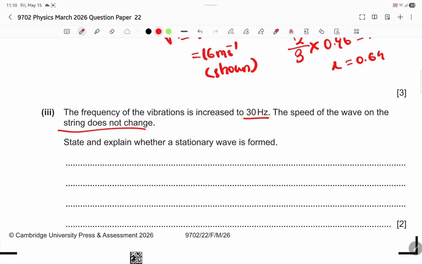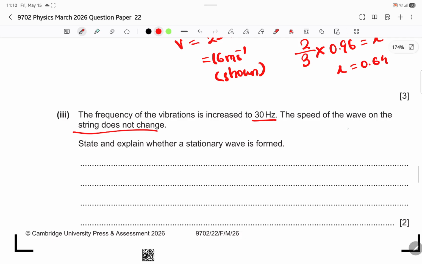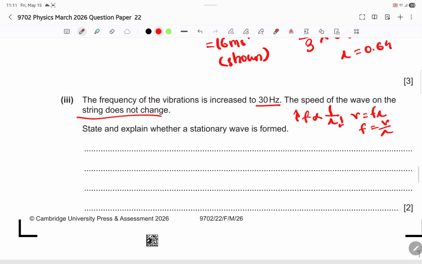The frequency is increased. So v equals f lambda, f equals v by lambda. v remains constant, so f is inversely proportional to lambda. So frequency increases, wavelength should decrease, which means... So how is a stationary wave formed?